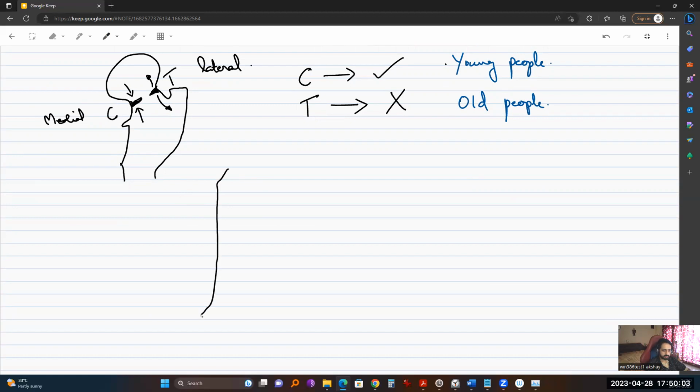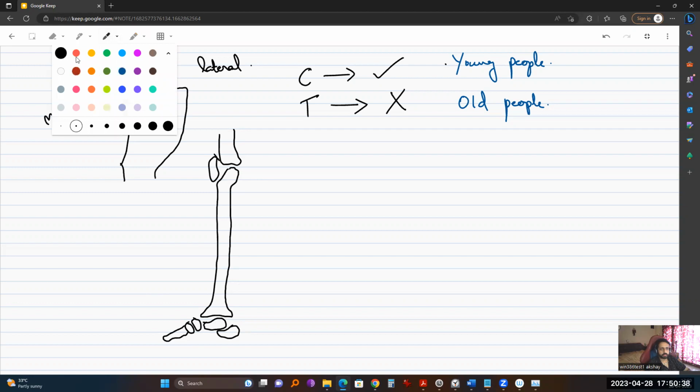So suppose this is the tibia, and this is the patella, and the distal part of the femoral condyle comes over here, and the tarsal bones are over here. Suppose that is the calcaneum, navicular, and all those bones. Let's just assume this.